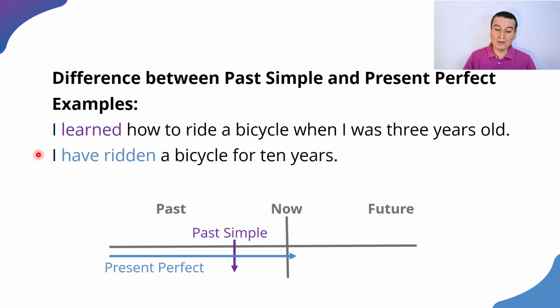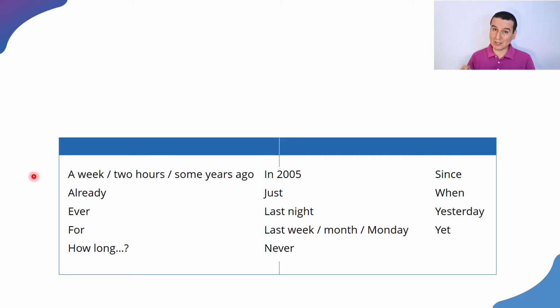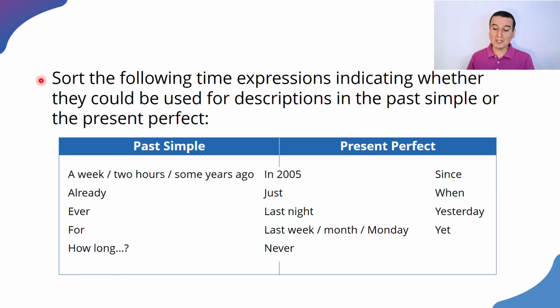All right, so here is the list of expressions, but let me read the instructions with you. Sort the following time expressions indicating whether they could be used for descriptions in the past simple, specific time, or the present perfect. All right, so here is the list.